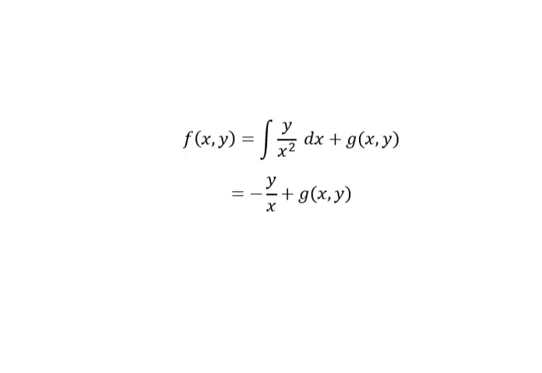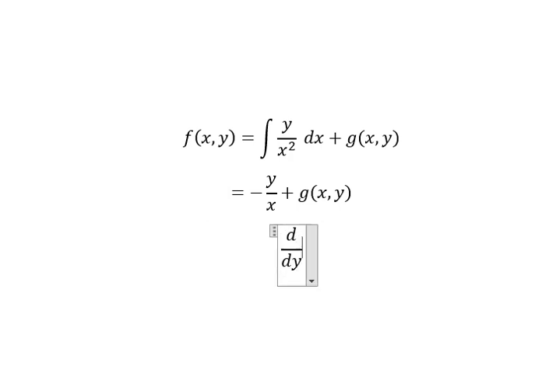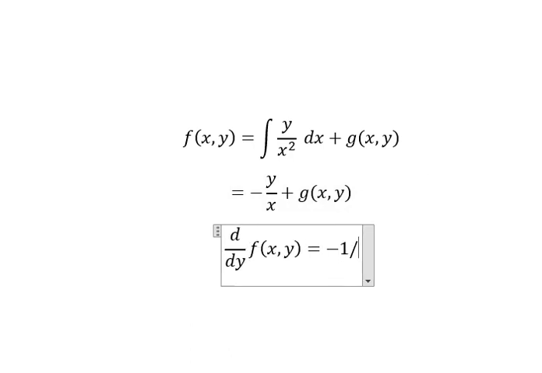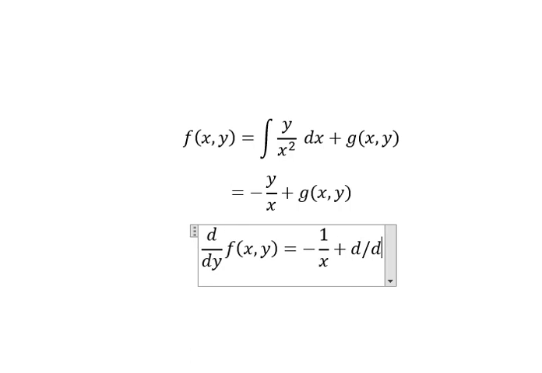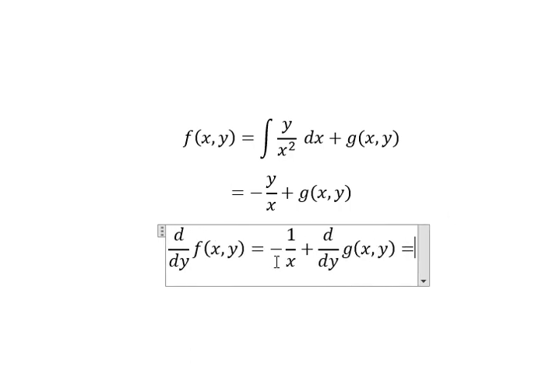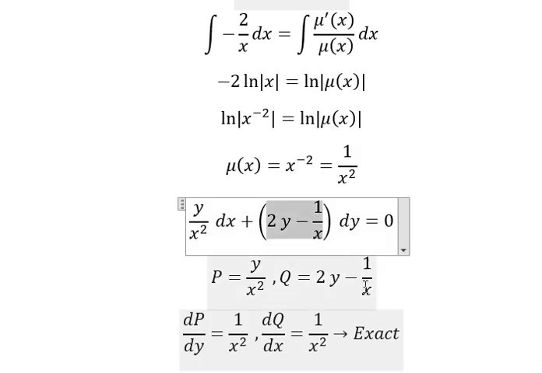Next, we need to do first the derivative of f in terms of y. So this one, we have negative number 1 over s. This one, we have d over dy of 3sy. And we know that this one equals this one.